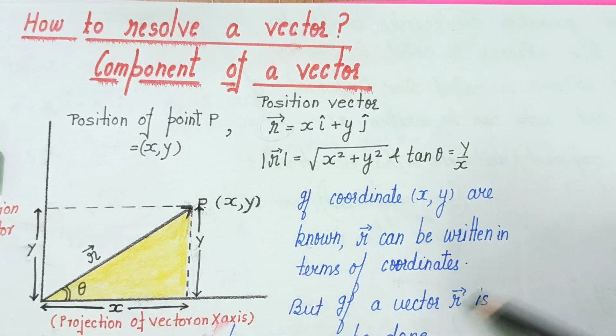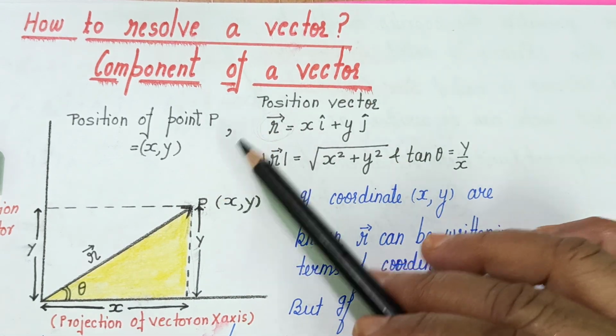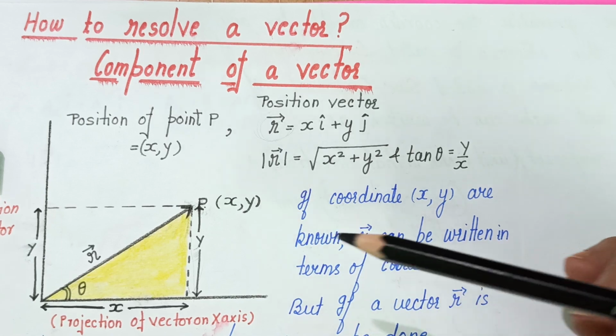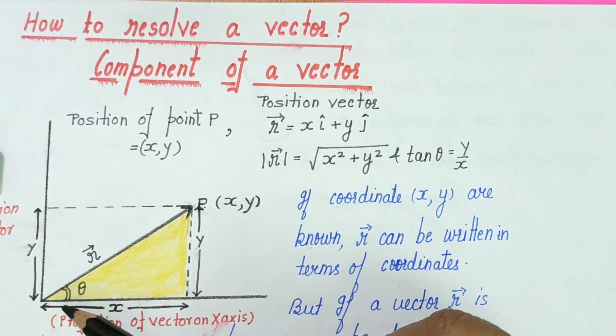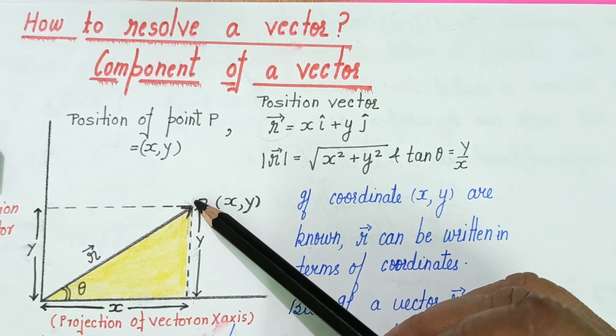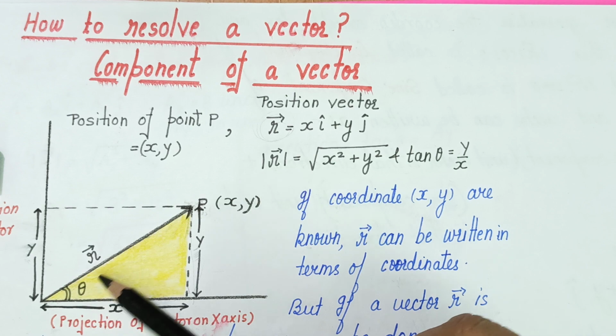Now in this whole discussion, here I moved x, then I moved y, and then I reached P, and then I wrote the position vector r.